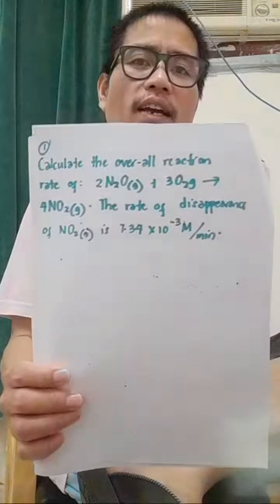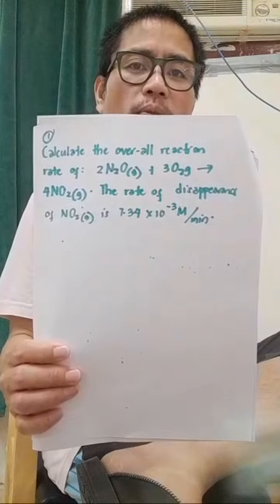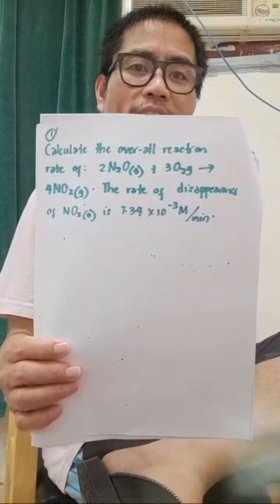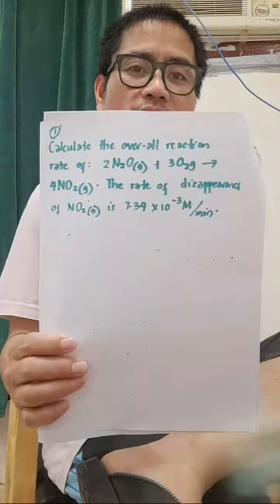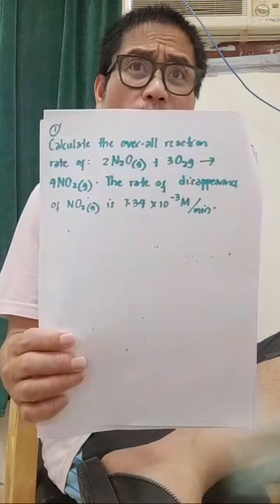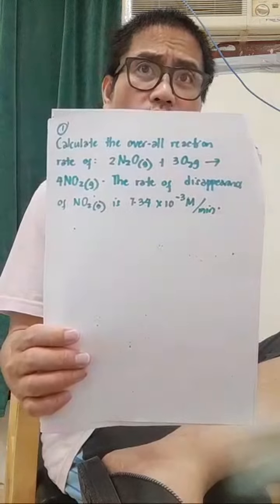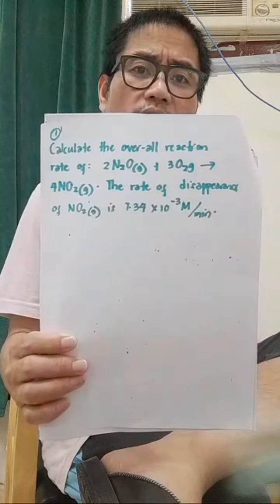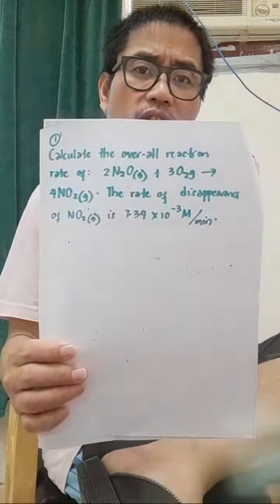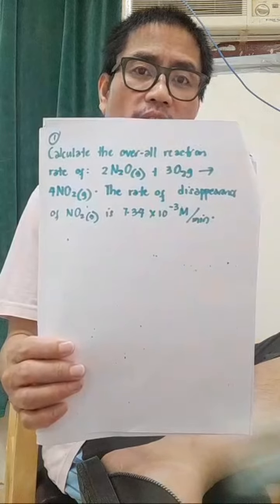Okay, now we need to write the data. Before that, take a closer look at the problem, analyze by yourself, take note of the data, and then think of appropriate formulas and equations. It's very clear the chemical reactions are presented already in the problem.